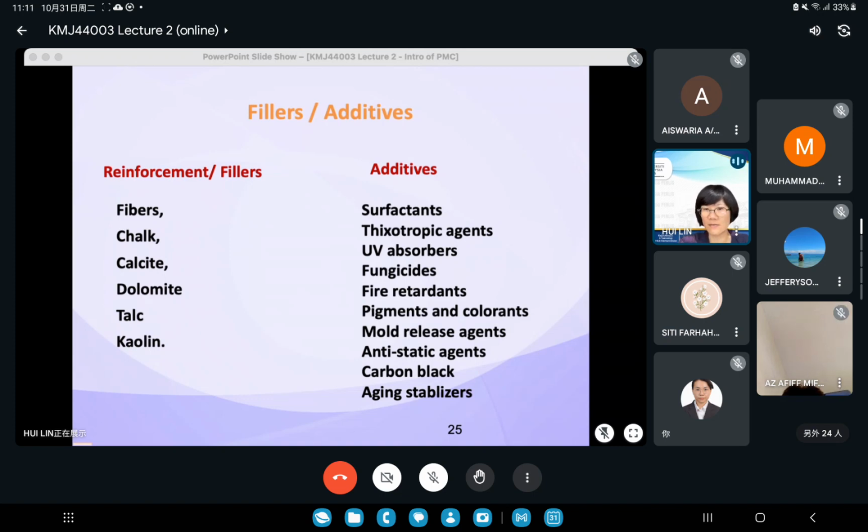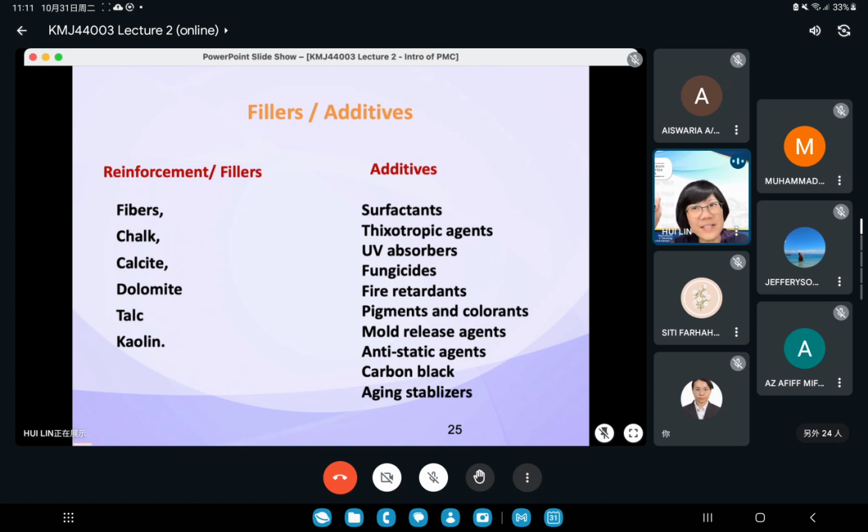Okay, so from here you see the additives. You can add different types of additives, for example fire retardants. Right now the current trend is that we are focusing on sustainable development goals. So we usually try to find something which is less harmful, less toxic, and less harmful to human beings, or totally friendly to human beings.